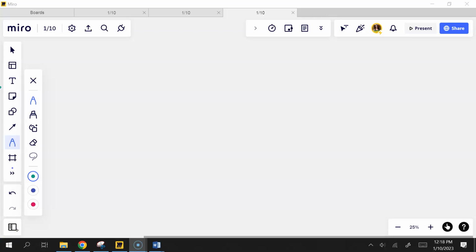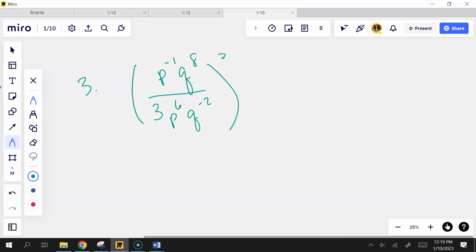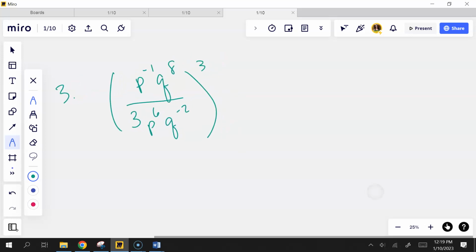Which one did you say? 3. I would probably work inside here before I took that 3 to everything, but you don't necessarily have to. It doesn't matter. I would probably go down and up here.